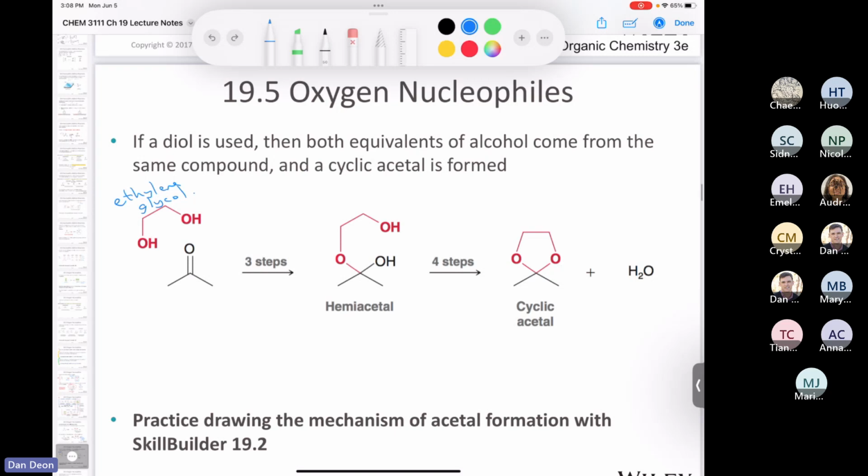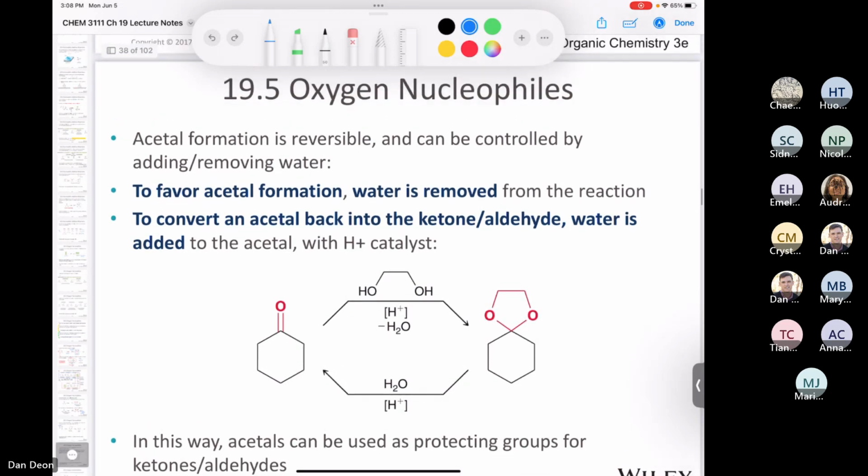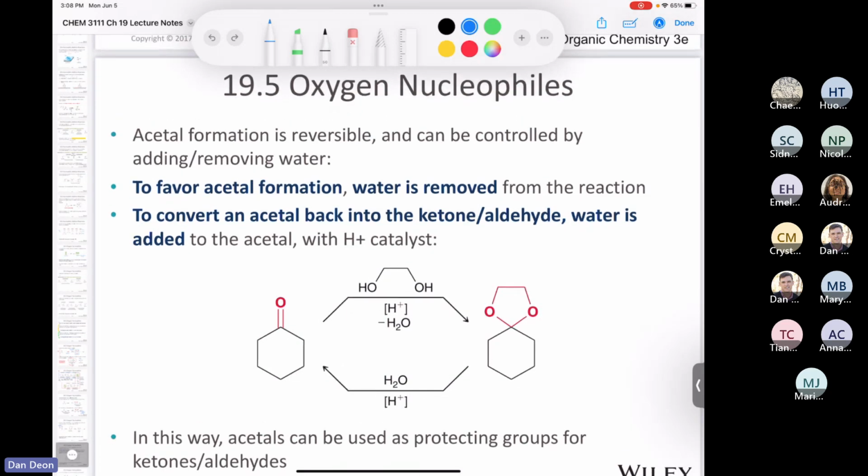Remember protecting groups that we looked at in chapter 12? Well, what we can do is form the acetal from the glycol, and we can protect the carbonyl, and then we can remove it using just dilute acid and water. So the way we do it is to favor acetal formation. What we do is we remove water, and that will drive the reaction in this direction.